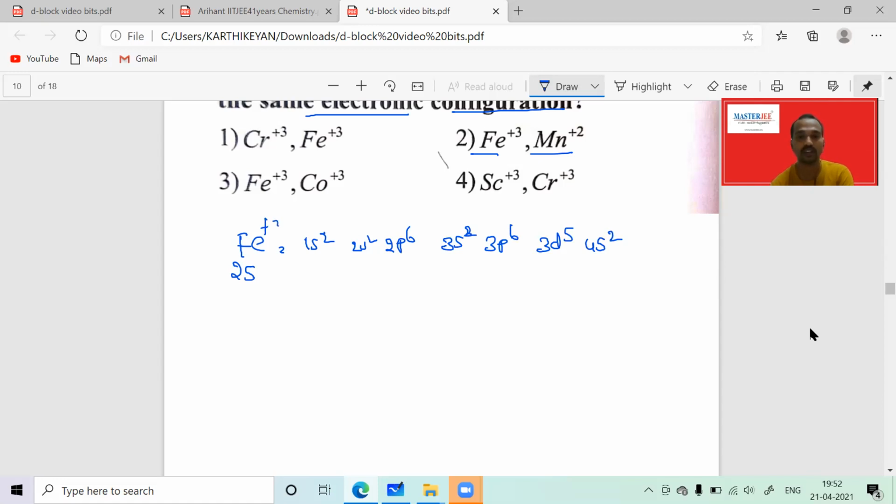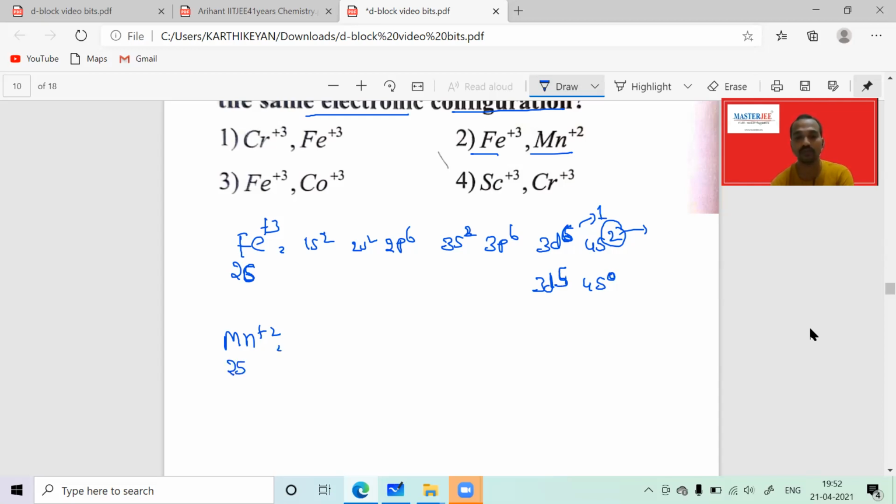After losing 3 electrons, 2 from 4s and 1 from 3d, it becomes 3d5 4s0. Mn+2 also we will check: 3d5 4s0.